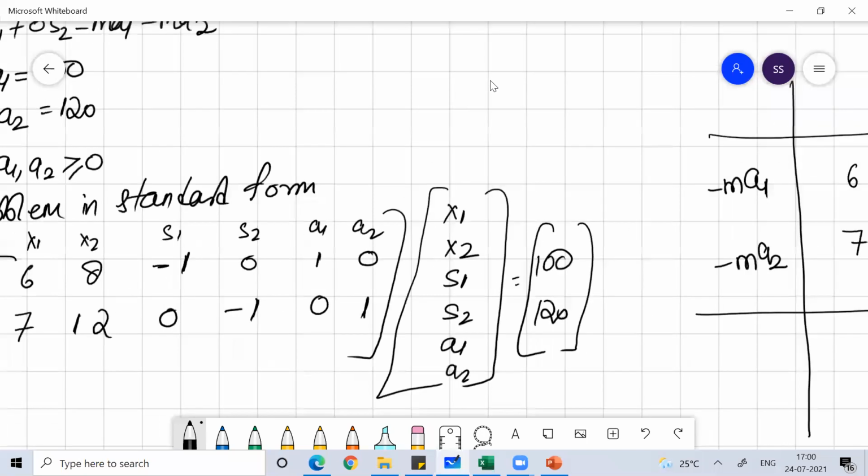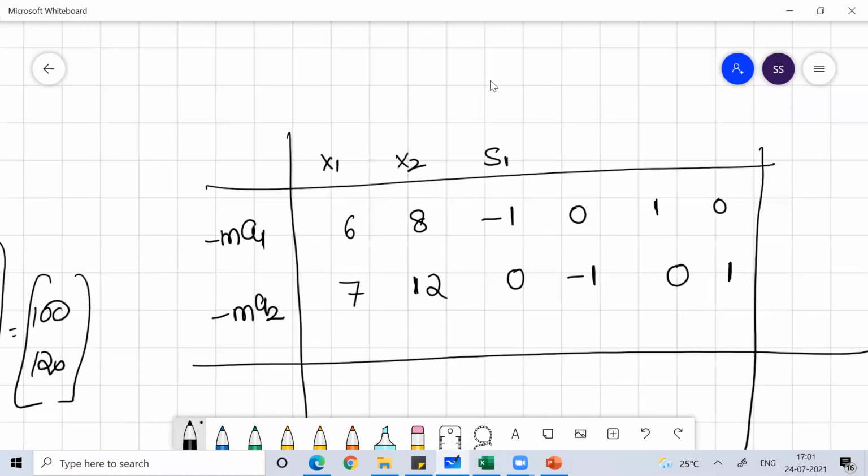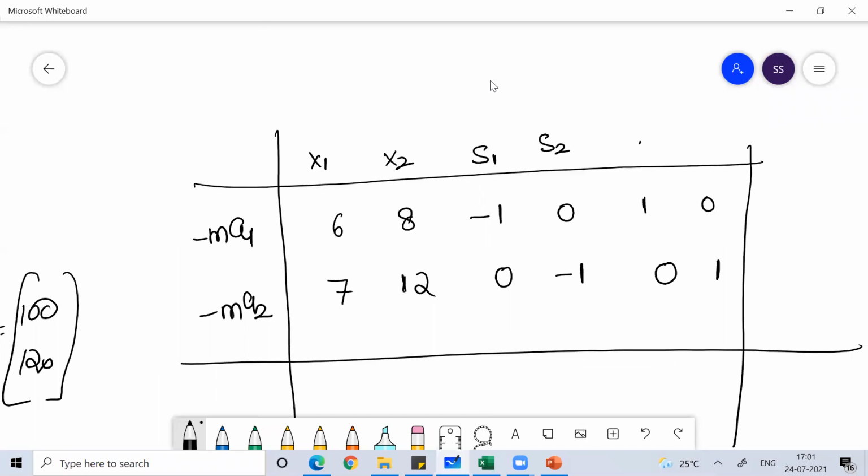And then we have x1, x2, s1, s2, a1, a2.